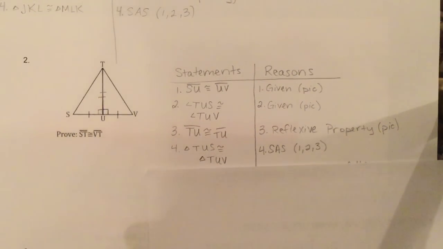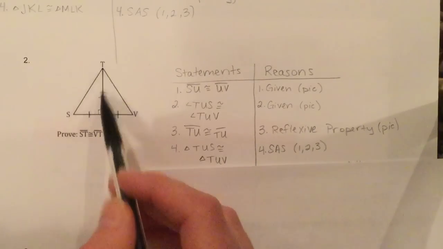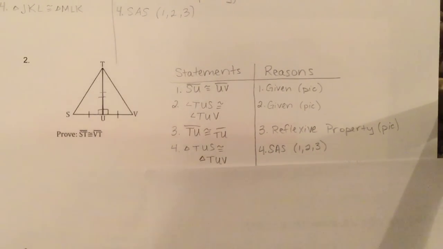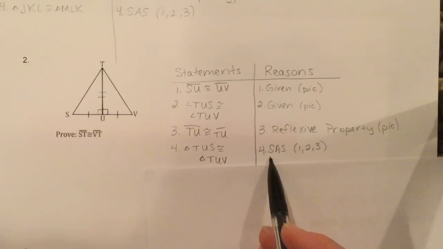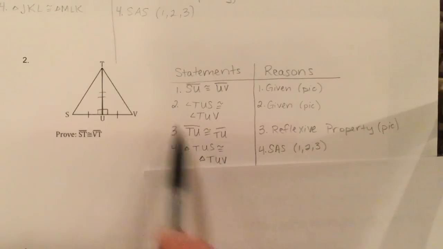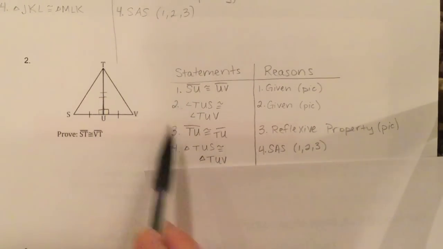Remember, order matters when giving congruency statements. TUS, TUV, so we're going in the same direction each time. That's side, angle, side, like we said. I got that information from the three steps above, my sides, my angles, my sides.